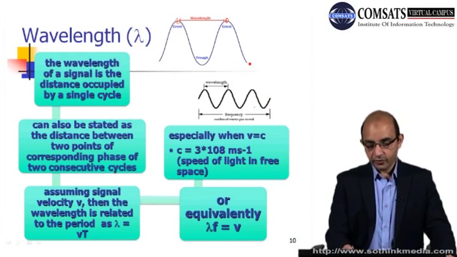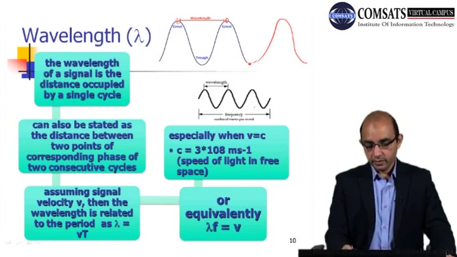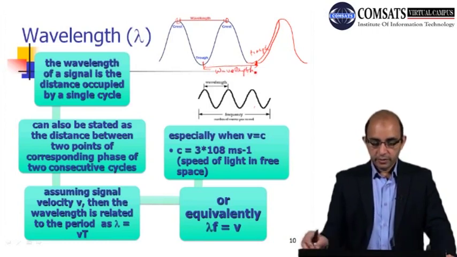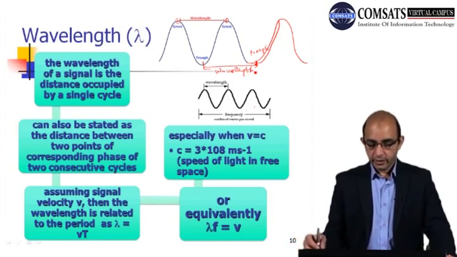Similarly, we will be having a trough, so we can measure in another way. This is also the wavelength of the signal. Or in the simplest way, what can I do?